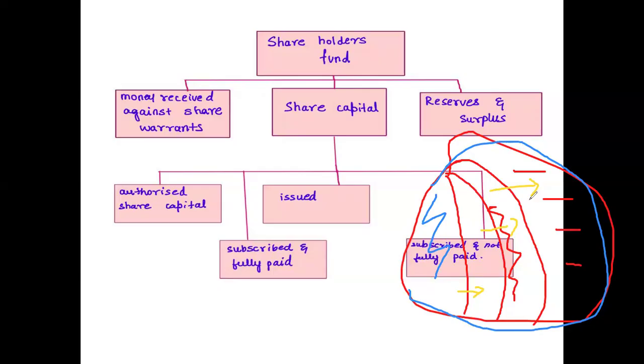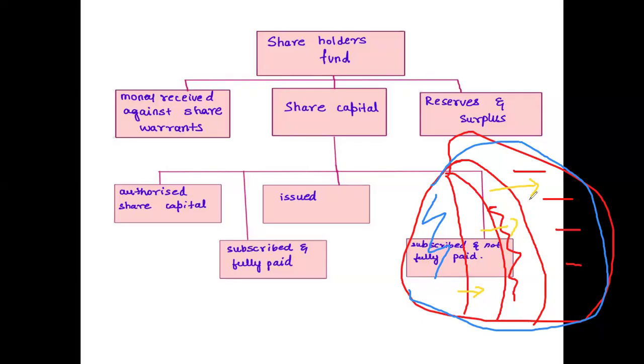So it's my decision whether out of 100 rupees I should collect 100 or I should collect 50. Authorized capital is that share capital which is registered and permitted for me to go with. Whereas issued capital is that sum of money which I'm allowing the people to pay or to participate.